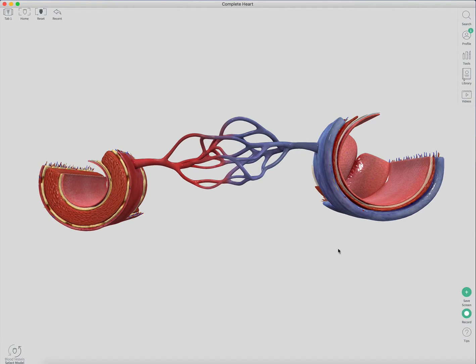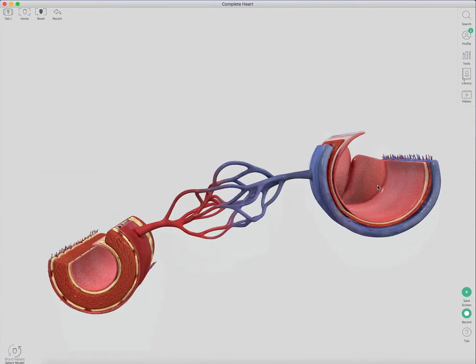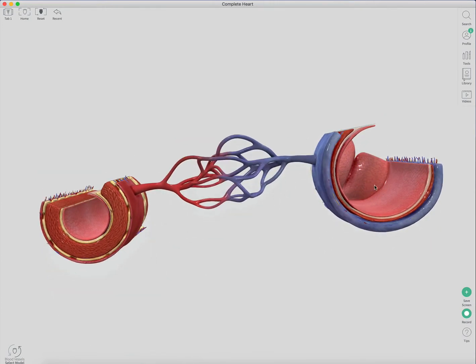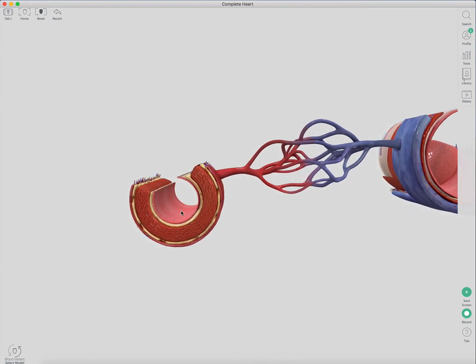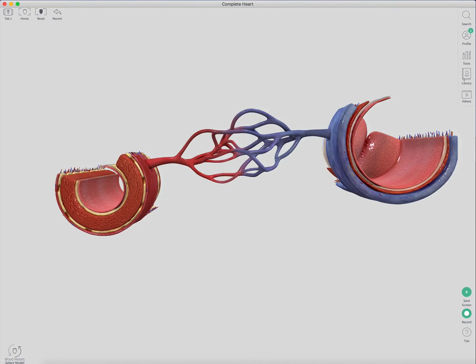And then the endothelium, the pink area, lines all of the blood vessels, and it even lines the heart, where it's called the endocardium.